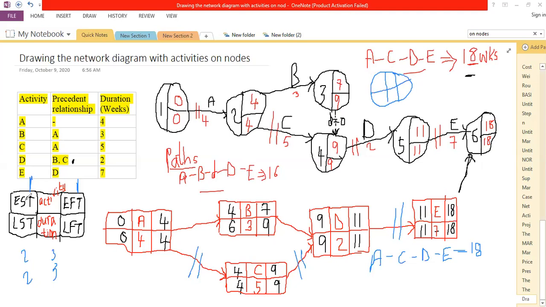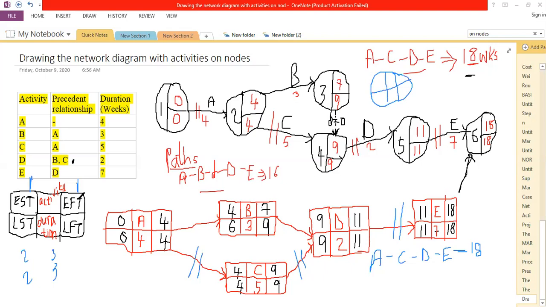The first portion of your rectangle, the upper part, should give you the earliest start time, and the lower part the latest start time of the same activity. On the last portion to the right, the upper part should indicate the earliest finish time for the activity.